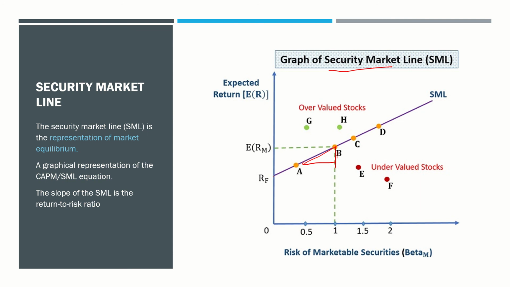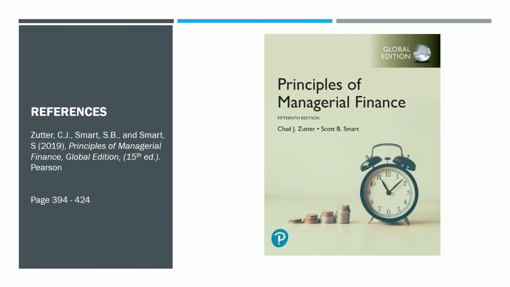Kalau lagi tinggi, contoh macam ni, lagi tinggilah dia punya return dan dia punya risiko. Right? So itu saja untuk chapter 6, on theory. For further understanding, you can read this book on page 394 until 424. Okay?